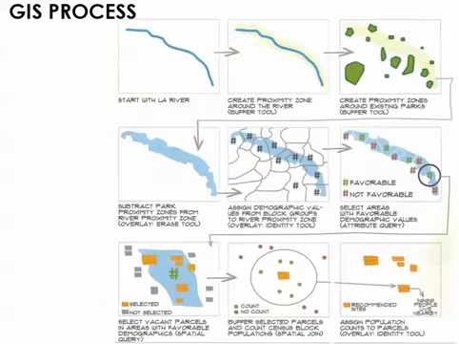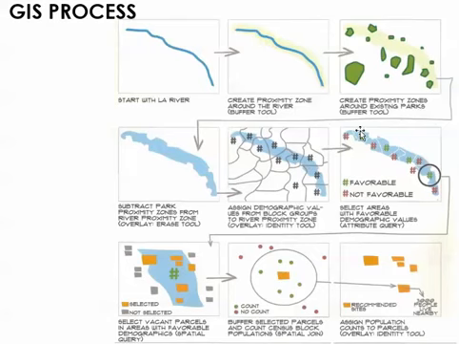So here's an example of the process that the GIS analysts involved in this project took to find the most optimal locations for this corridor for healthy living. They began with mapping out where the river was. They then created a proximity zone, a tool that we call the buffer tool, that is within a certain distance of the river, where they want to target to start greening its surroundings.